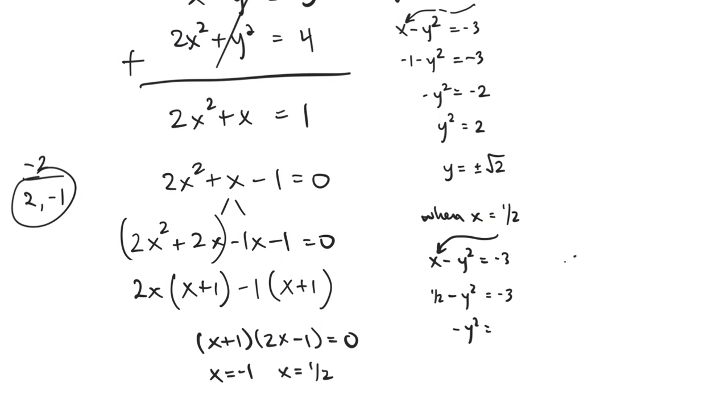So this is negative 3 minus 1/2. It changes into negative 6/2, so that's negative 7/2. Divide by negative 1. So we have y equals plus or minus square root of 7/2.